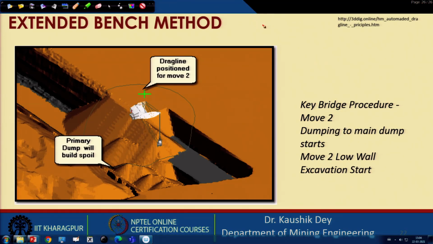The dragline is now on the extended bench, it has started taking out the other material and dumping the spoil at a larger distance. So, dumping starts from the extended bench and the excavation is continued from this point.